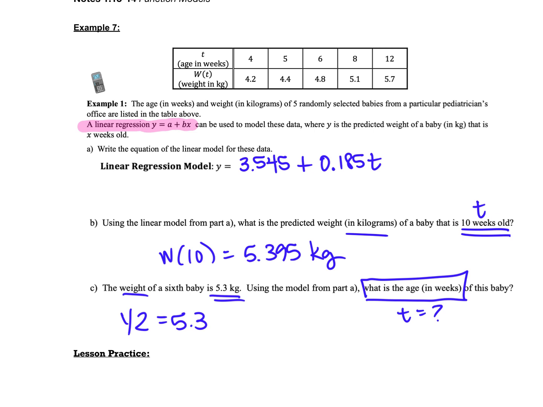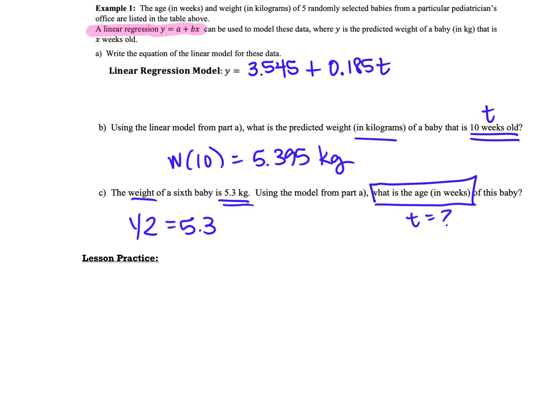If I have a y value, which is my weight of 5.3, what would be the age of my baby? Again, it's linear. That would be easy to solve by hand. You'd put it in for y and solve. But our calculator will do it all for us and keep all of our precision, so why not let it? You're looking for an intersection to find that t value. So my time would be about 9.486 weeks.